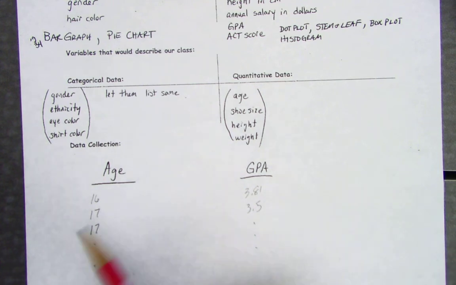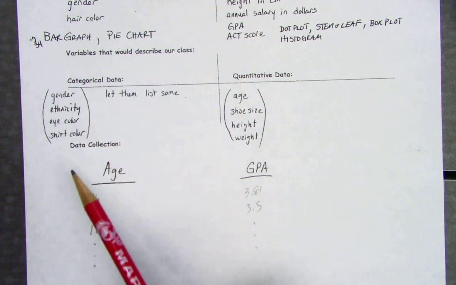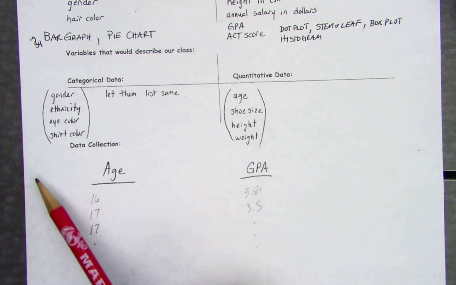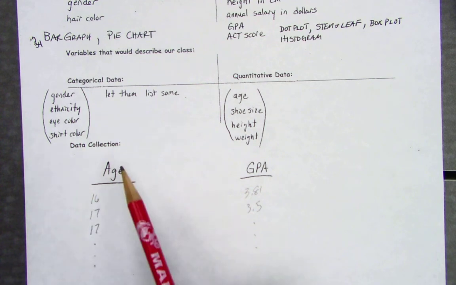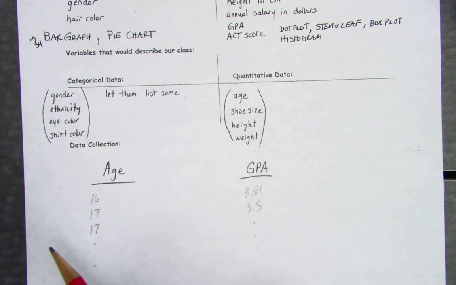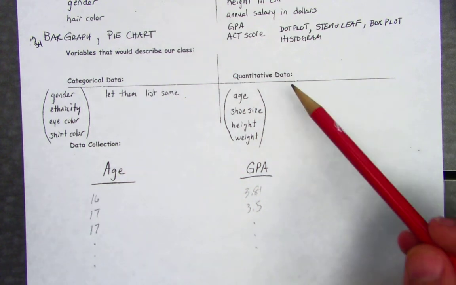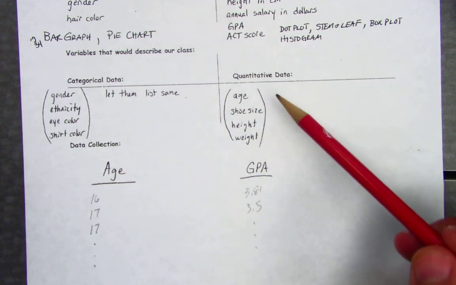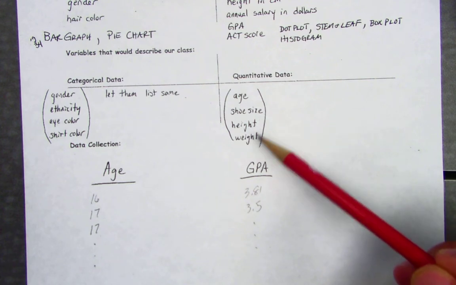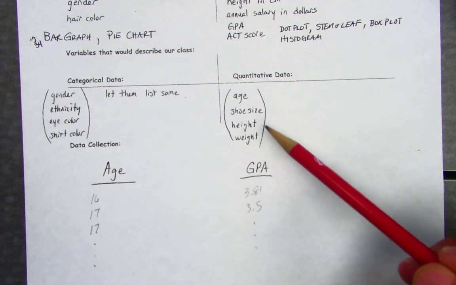If we're going to collect data for that, let's say we're going to do shirt color. We write down every shirt color we have in the room and then put check marks for how many of each one we have.